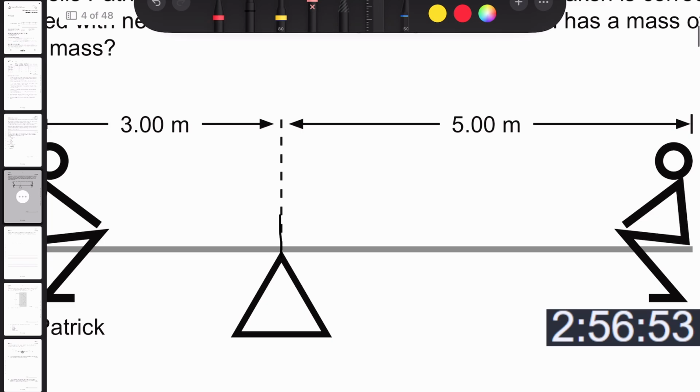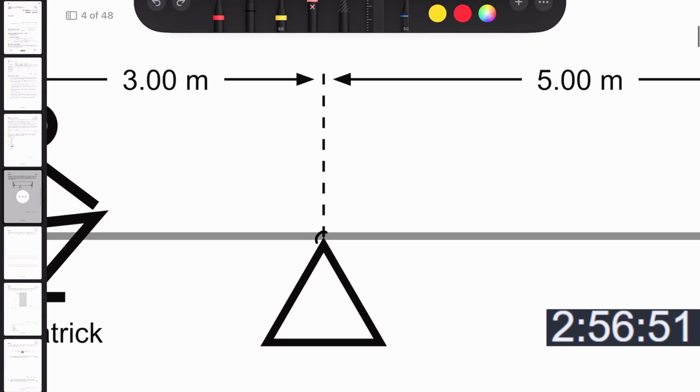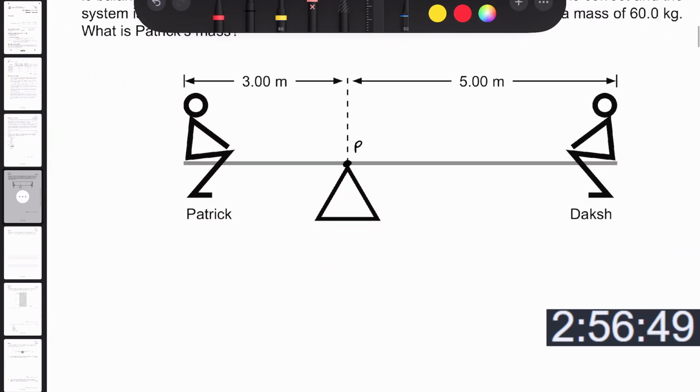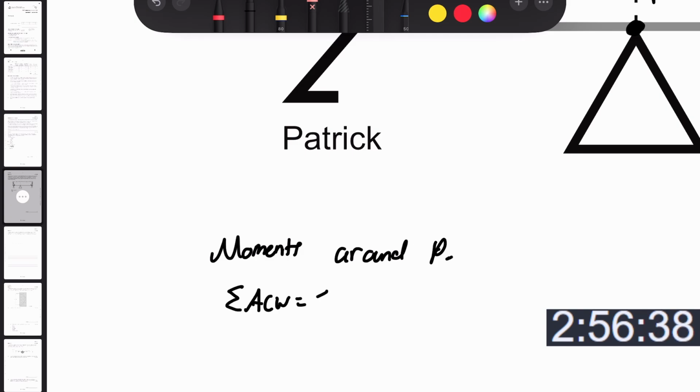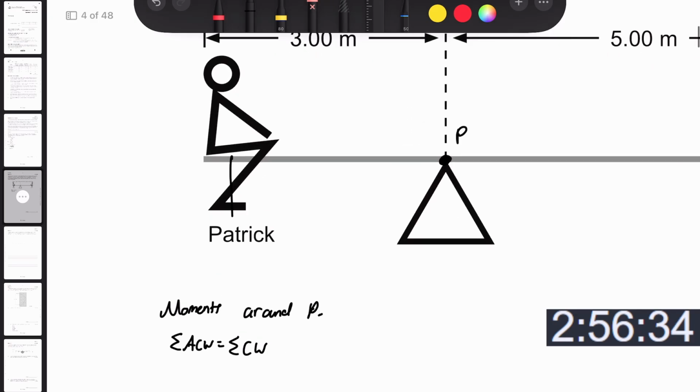So we don't know the reaction force here, so let's take moments around P, and we know that the sum of the anticlockwise moments is going to equal the sum of the clockwise moments. Now Patrick's going to have some force going down.